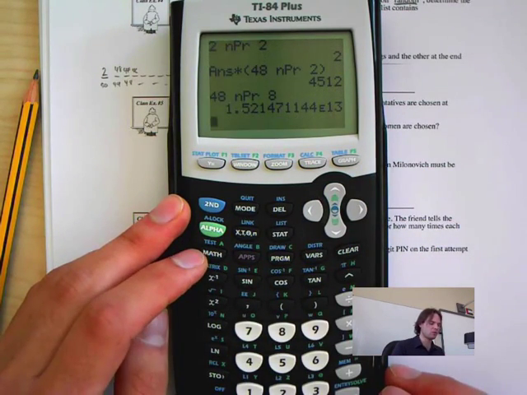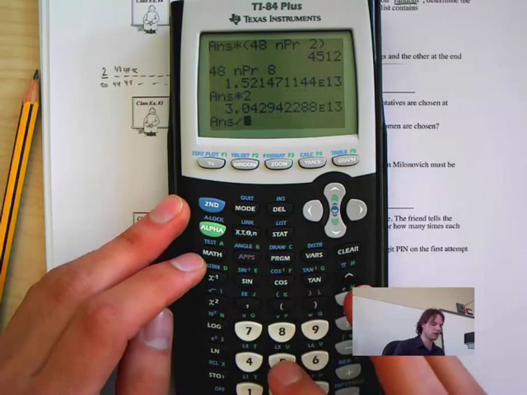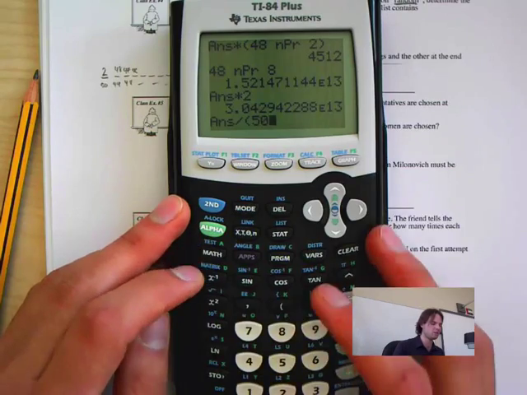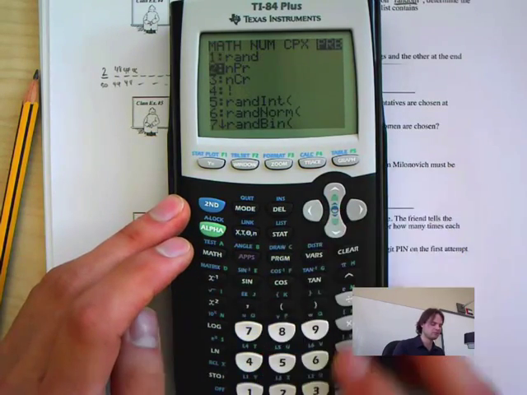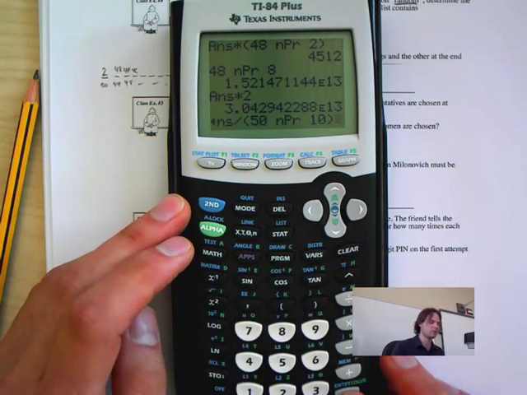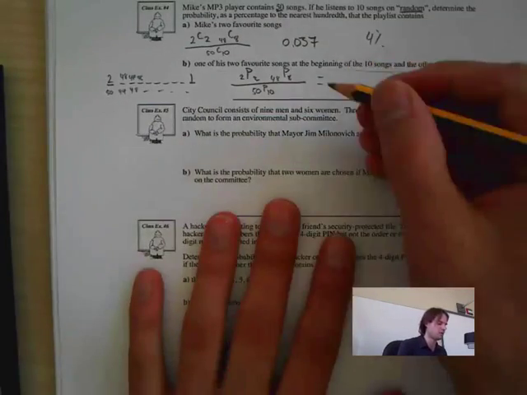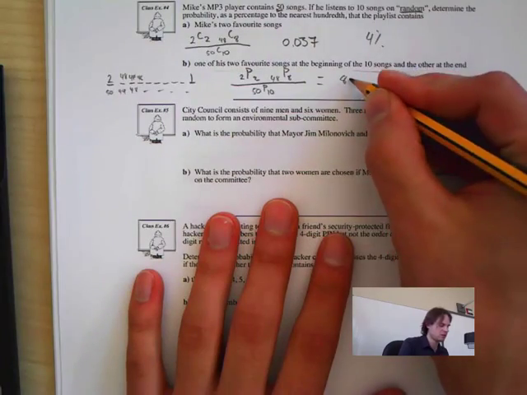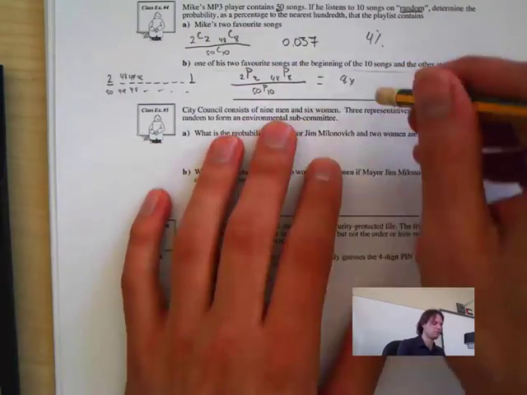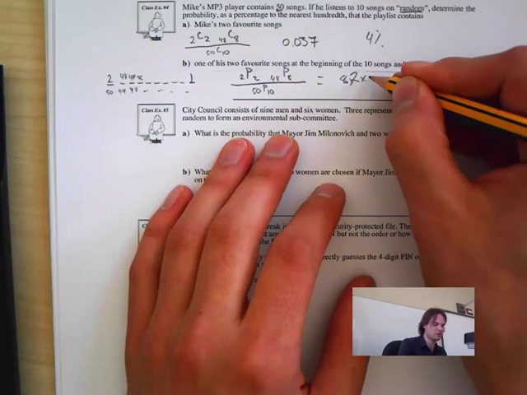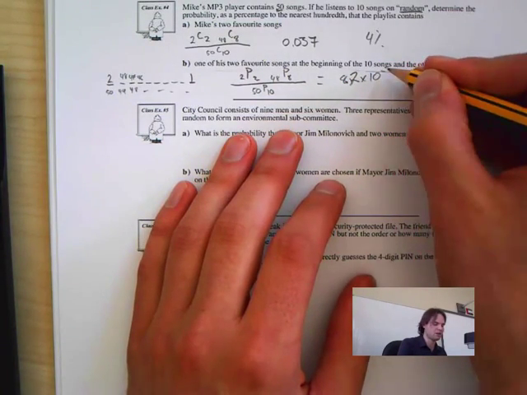And then we're going to multiply that by 2, divide by 50, put my brackets in just in case, 50 permutation 10, which gives me a really small probability of that. That is 8.2 times 10 to the negative 4.